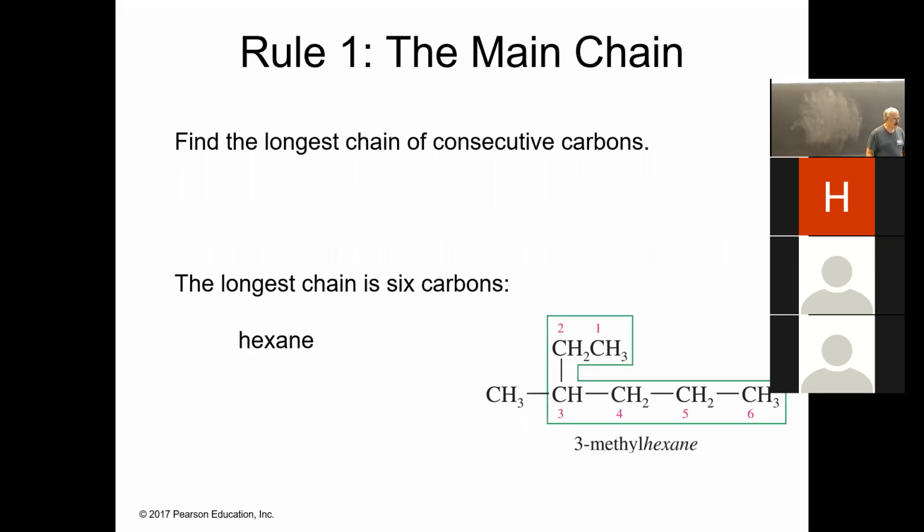Okay, so here is one example. Okay, and we've got 1, 2, 3, 4, 5, 6. Okay, the reason that we don't do 5, 6 is actually the longest chain, and this is flexible. Got a model kit here that I can show you. Okay, so we've got these tetrahedral carbon atoms.